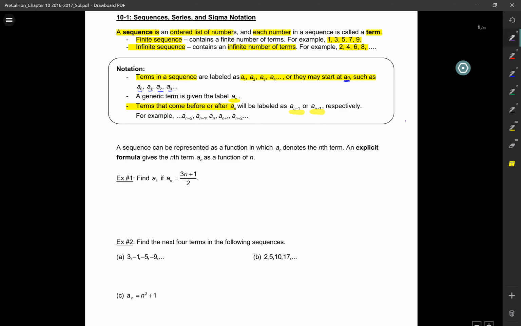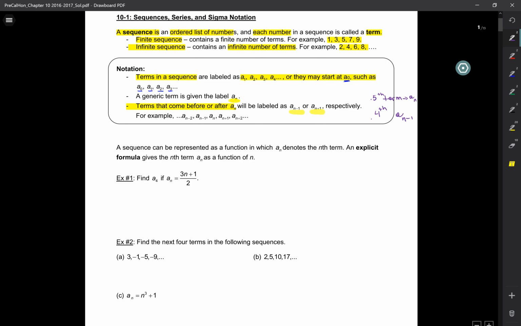Suppose the 5th term is AN, right? Then the 4th term would be AN-1, right? Because if n was 5 here, then it's n-1 here, so that's AN-1.